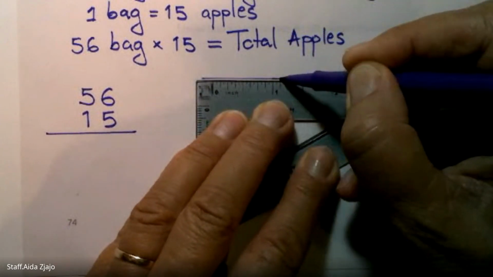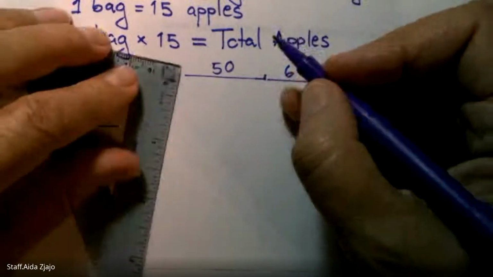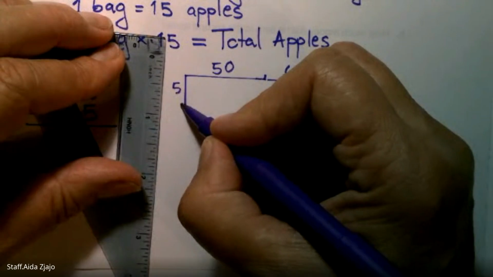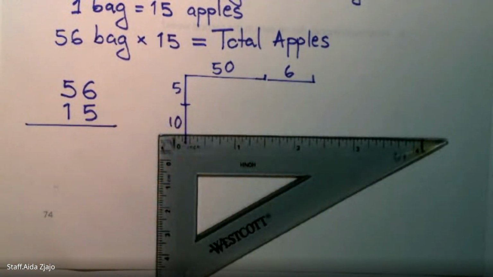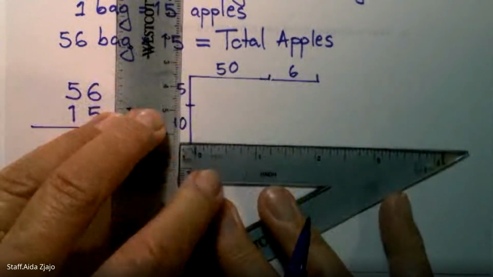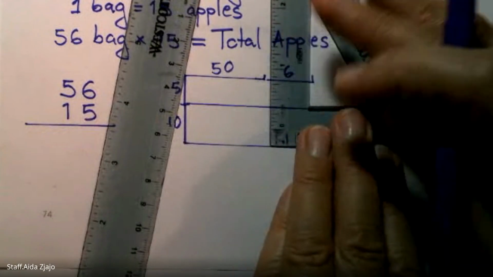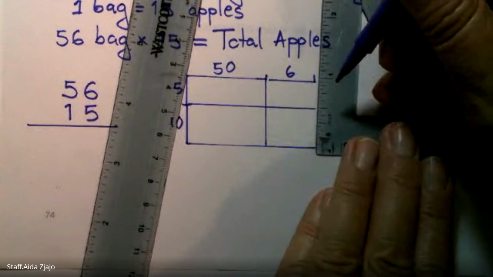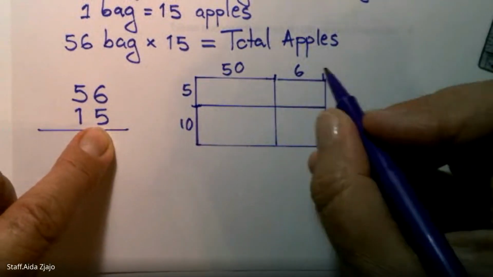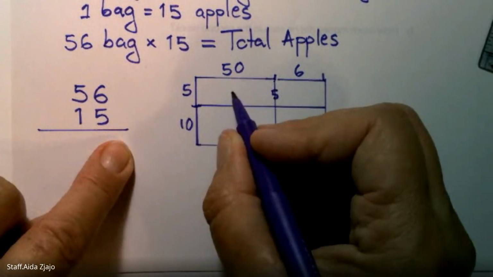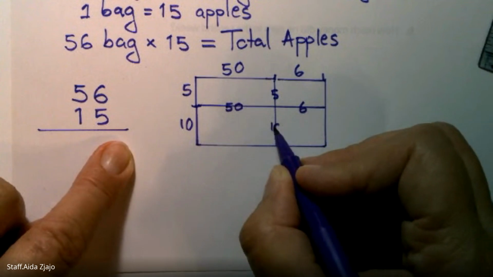So 50 plus 6, and then 5 and 10. Okay, if you like to do this, it will help you to connect this with the standard algorithm.